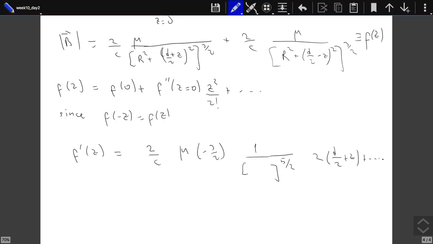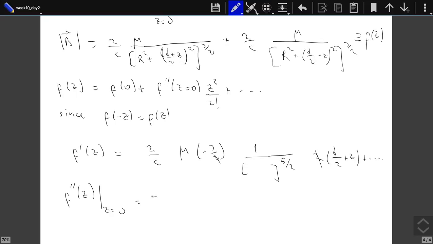In the second derivative, the contribution of the two terms will be the same, so it's enough to calculate the contribution from the first one only. Now the second derivative at z, and now I will be setting z equal to 0 as I'm calculating it. So let's see, these two cancel this two.